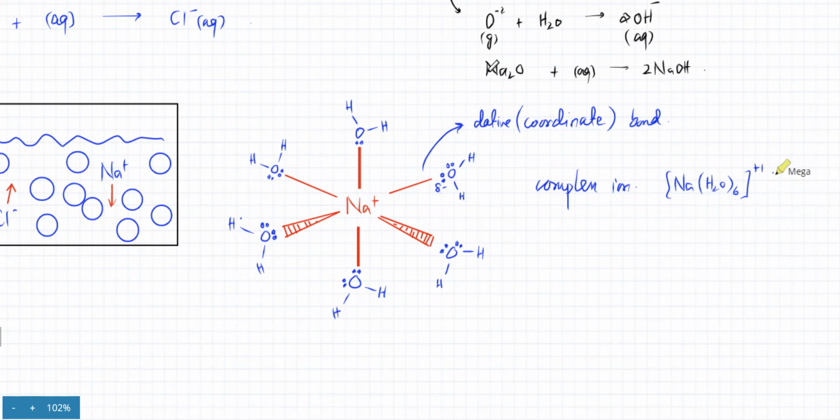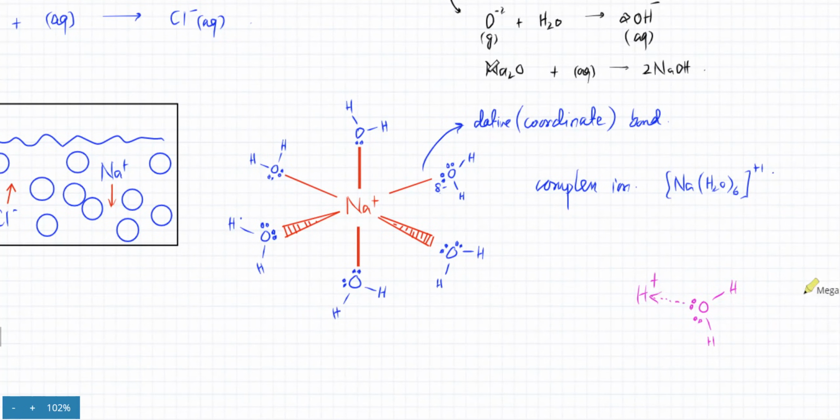And the same with pretty much any other ion. If you talk about H plus one aqueous, all your life you've talked about H plus one aqueous, but in fact there is no H plus one ion in aqueous state. What happens is that a water molecule comes in, and the lone pair of the water molecule is going to attract the H plus one and form a dative bond with it.